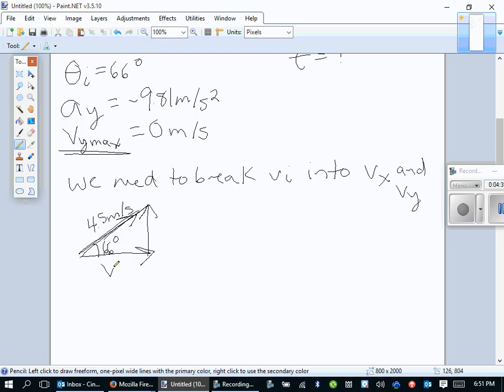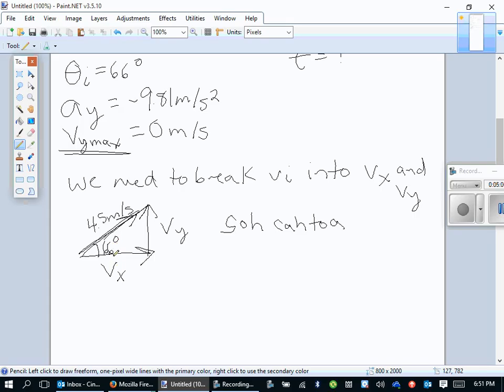So I have a vector in the x direction and a vector in the y direction. If I want to know this direction, this is a 90-degree triangle, so I'm going to use SOHCAHTOA.